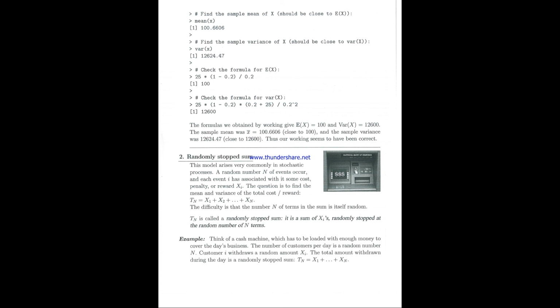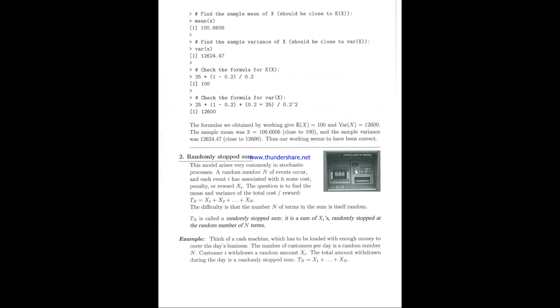The difficult part is that the number of events is random, and each event's cost, penalty or reward is also a random value. So you have two random variables within one concept, and we call that the randomly stopped sum.